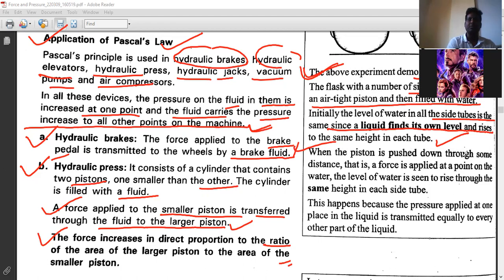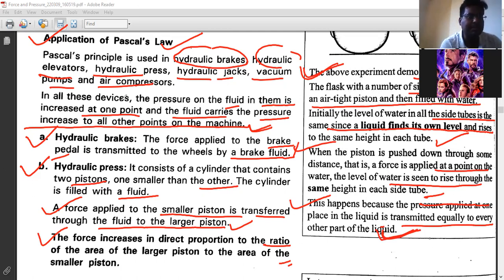When the piston is pulled down through some distance, the force is applied at a point on the water. The level of water is seen to rise through the same height in each side tube. This happens because pressure applied at one place in the liquid is transmitted equally to every part of the fluid, right?